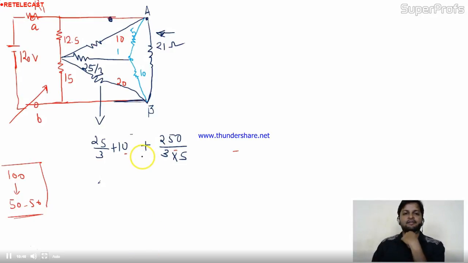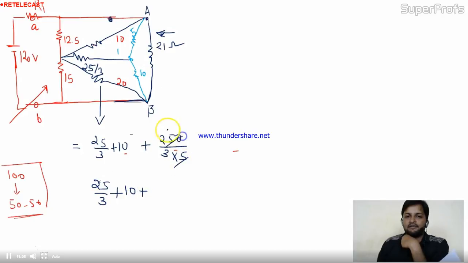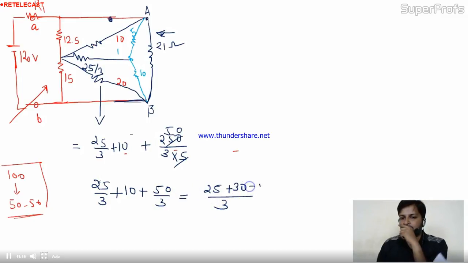Any problem yet? So you are having final 25 by 3 plus 10 plus 50 by 3. So finally you are having 25 plus 30 plus 50, it means 105 by 3. Is it correct or not?